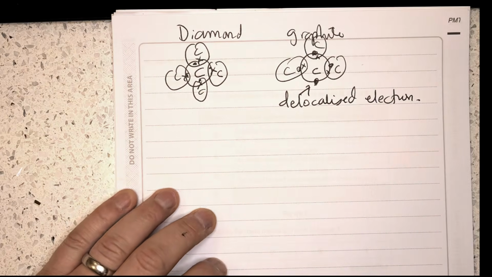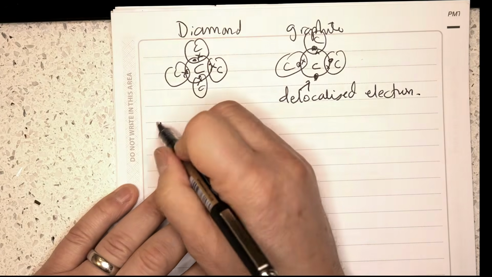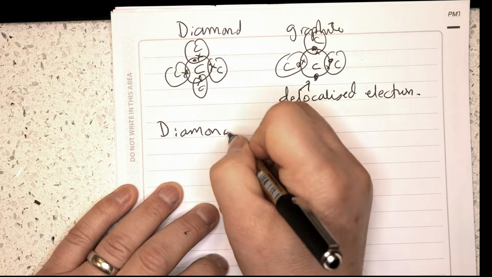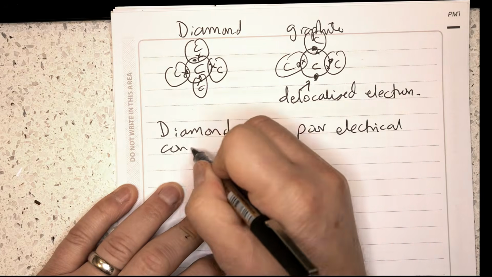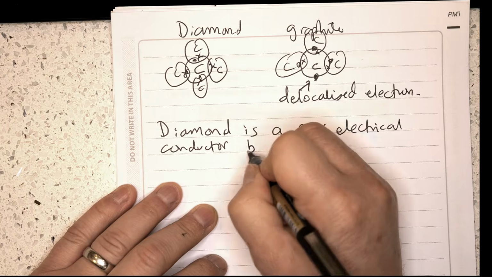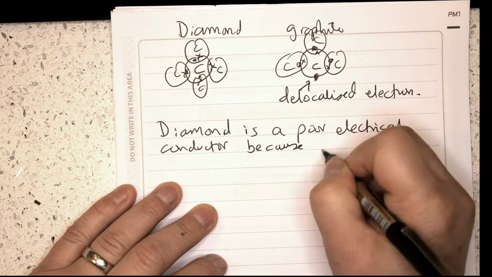Okay, so let's start forming our answer. Diamond is a poor electrical conductor because it does not contain delocalized electrons.